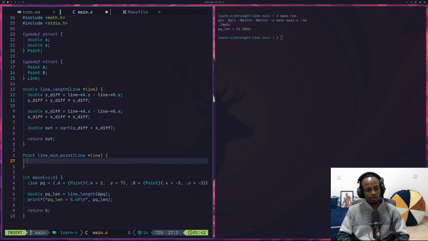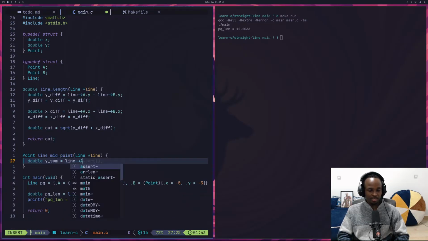And how do you get the midpoint? It is like averaging the x coordinates and then the y coordinates. So let's start with the sum of the y coordinates. So we're going to say double and we are going to call it y sum. And this is going to be, we take our line, we access the real value of a, and then give me the y coordinate.